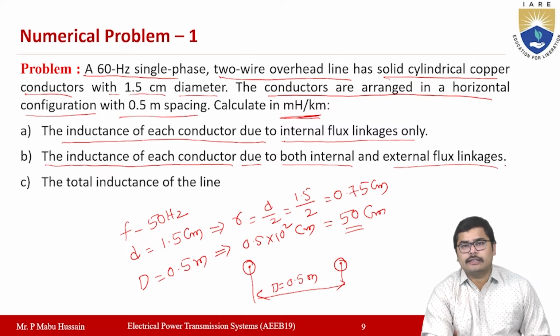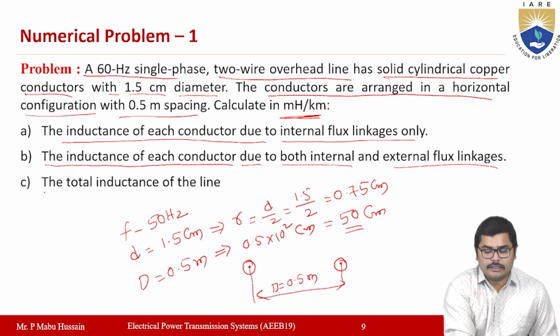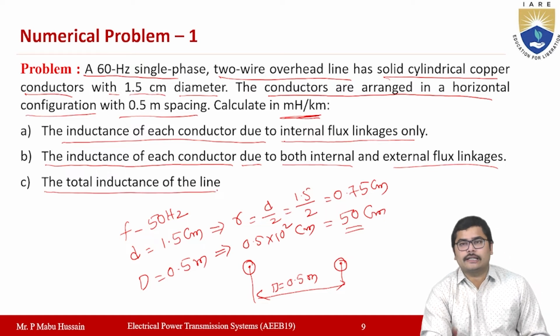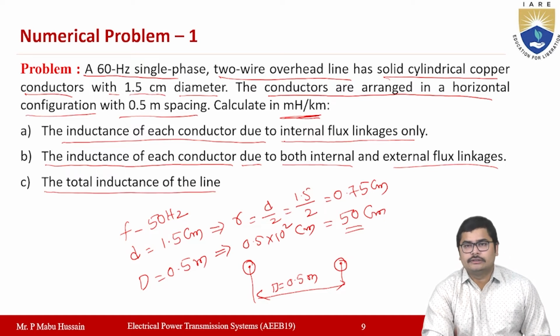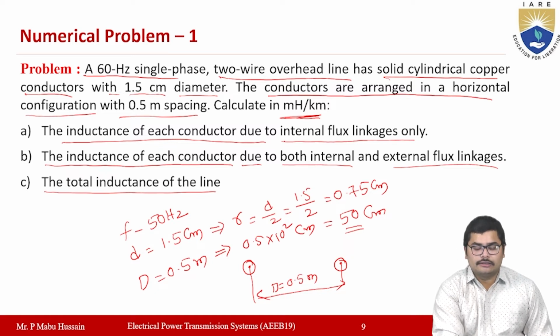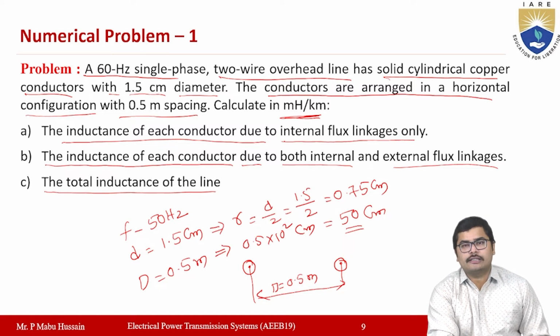So in the second part you determine the inductance of each conductor by considering both the internal flux as well as the external flux linkages. Then in the third case you have to find the total inductance of the single phase two-wire transmission line.